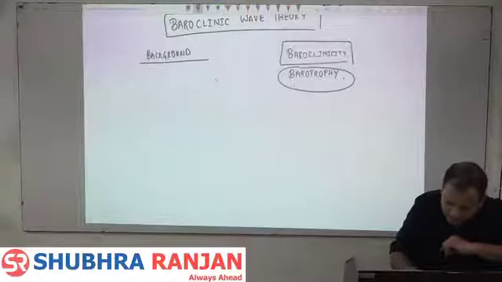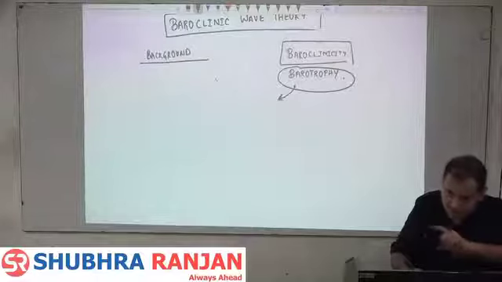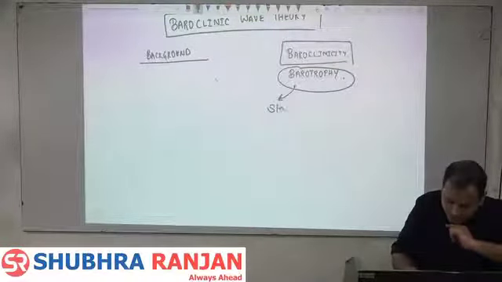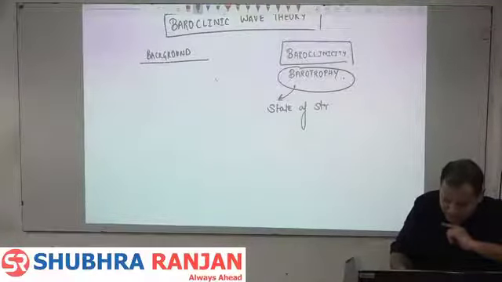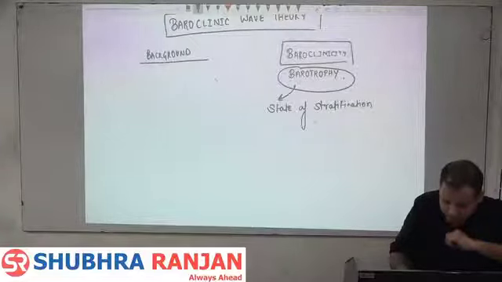So I am writing this. No need to write this in the exam, but to avoid confusion, you can. Barotropy is the state of layering, or we will call this stratification, in the atmosphere.